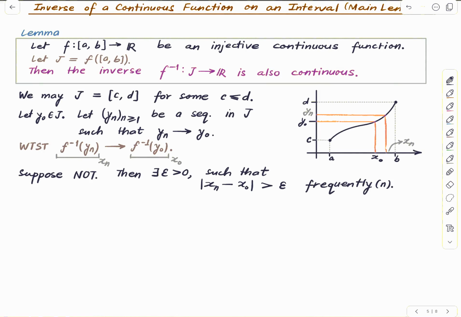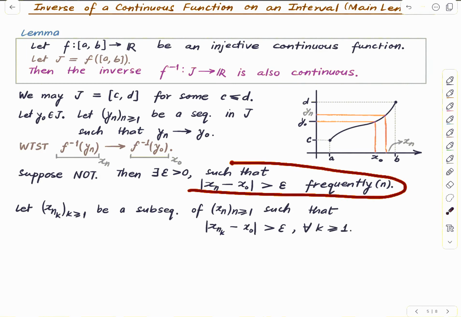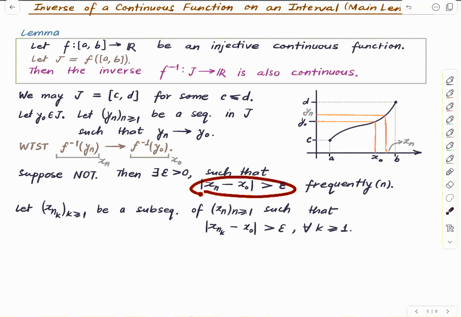So let x_{n_k} be a subsequence of xn such that the distance between x_{n_k} and x0 is greater than epsilon for all k. Why can we do this? We are given that this happens frequently. If this happens frequently over n, you can extract a subsequence where this happens always. So just make sure you understand this point. Okay, we have that.